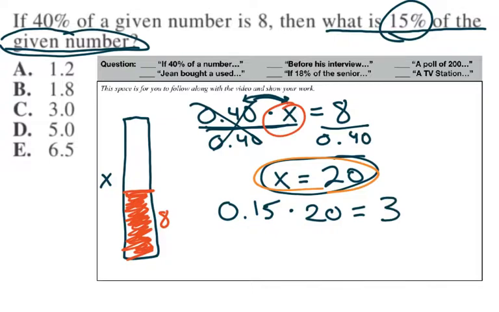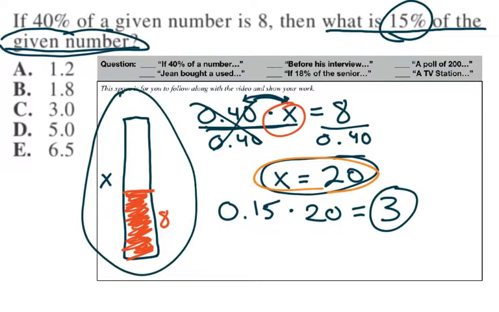Let's see if we've answered the question. It says if 40% of a given number is 8, then what is 15% of the given number? We got 3. Let's take a look at the original drawing that we made and see if that makes sense. We originally predicted that our x value had to be greater than 16 because it had to be more than twice our 8.